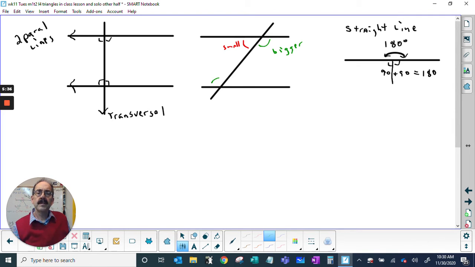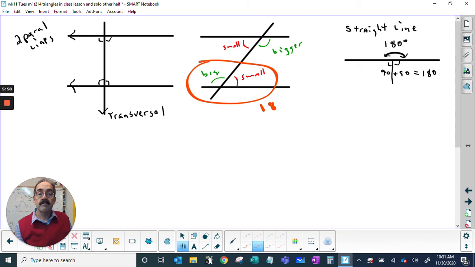This gets bigger as this gets smaller. Would you agree this still is 180 degrees? This is still 180 degrees. All straight lines, 180 degrees, no matter how I cut it.